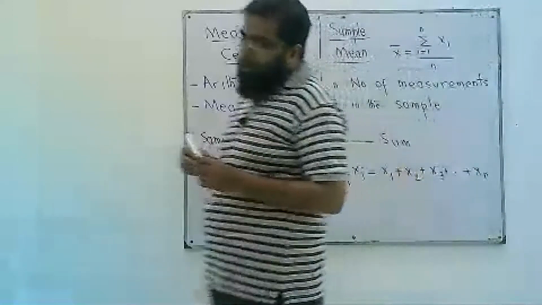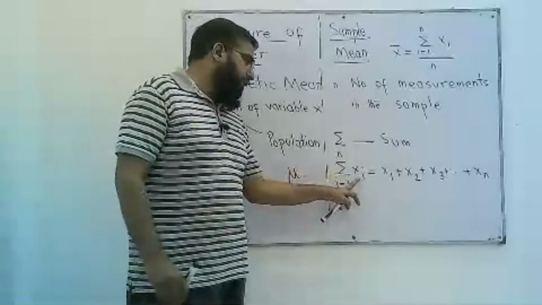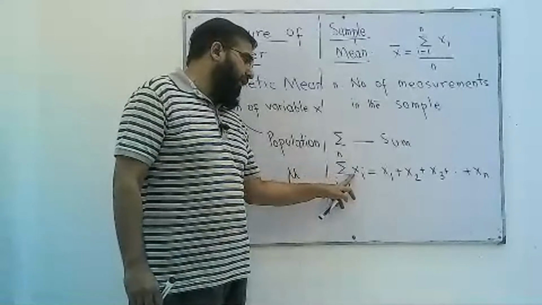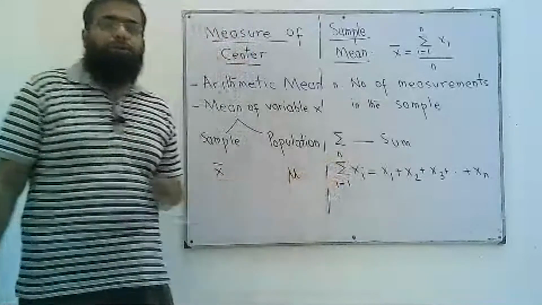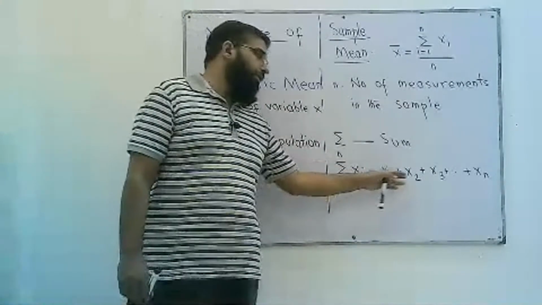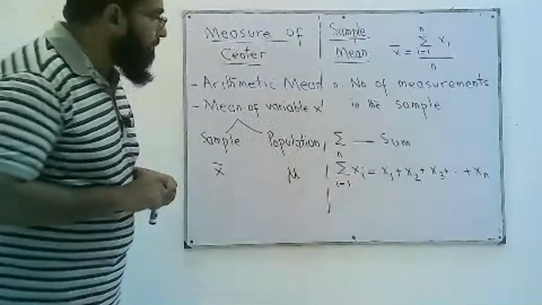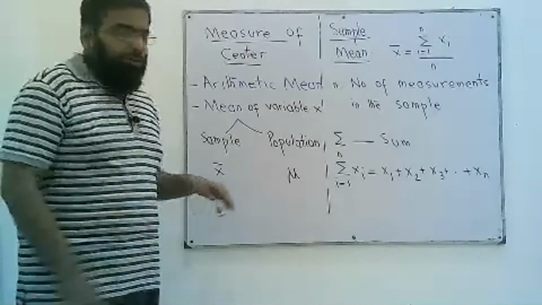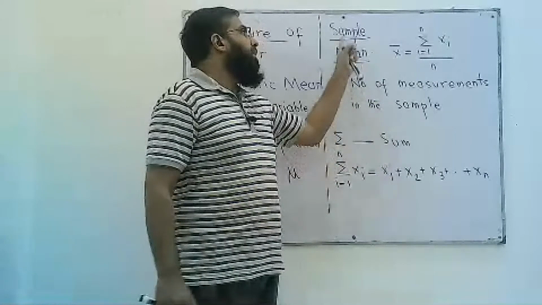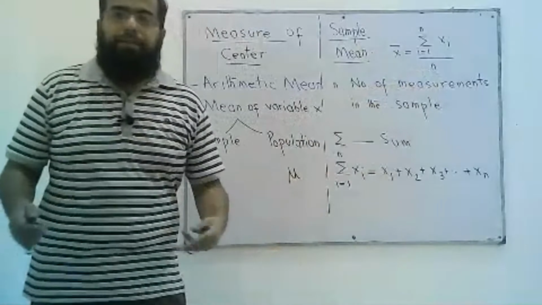This summation is an operator. It means sum values of x with subscript i, where i ranges from 1 to n: x1 plus x2 plus x3 up to xn. So this is the formula to compute the sample mean on a given sample having n observations or n measurements.